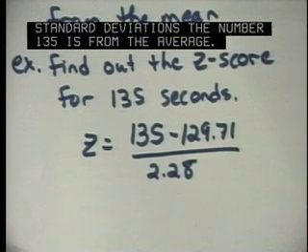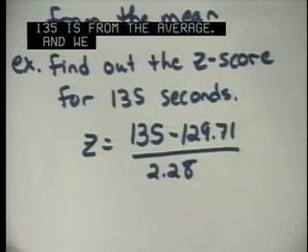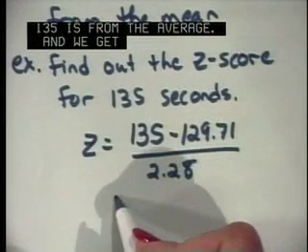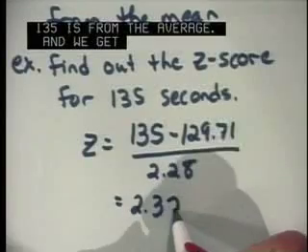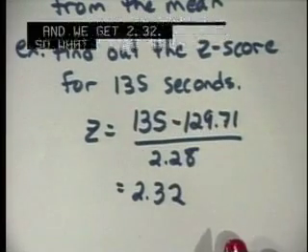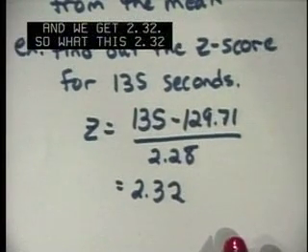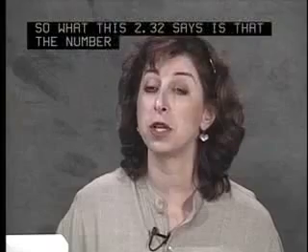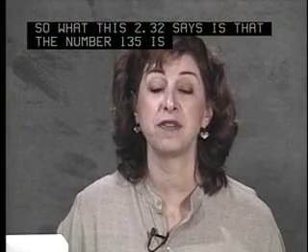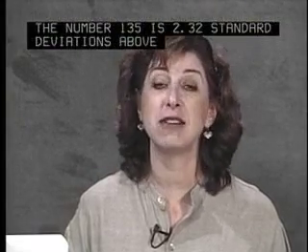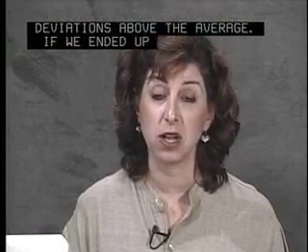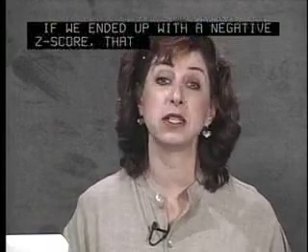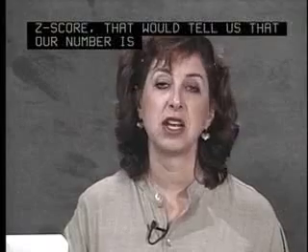And we get 2.32. So what this 2.32 says is that the number 135 is 2.32 standard deviations above the average. If we ended up with a negative z-score, that would tell us that our number is below the average.